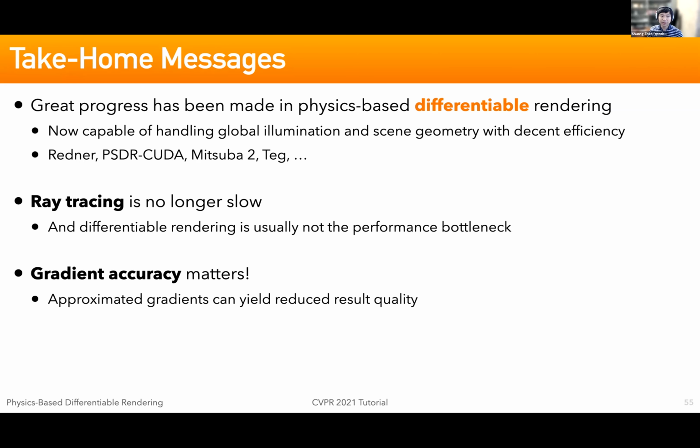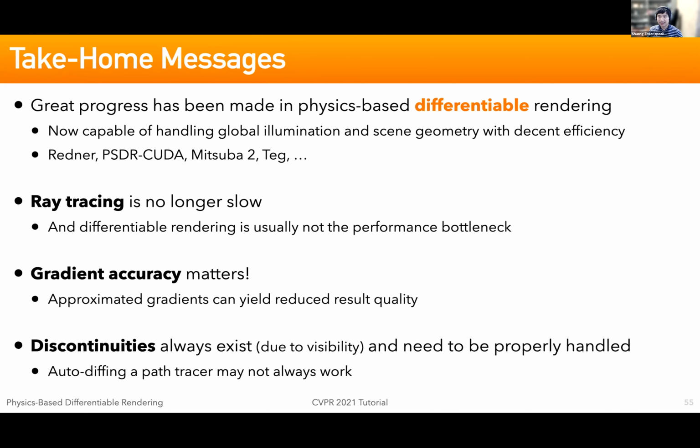And we have also demonstrated that gradient accuracy matters. Yes, you can approximate gradients, visibility gradients, in certain ways, but be aware that there might be a price to pay in terms of reconstruction quality. And then lastly, discontinuities always exist as long as you have occlusion, something occluding another thing or self-occlusion, regardless of how smooth your surface is.